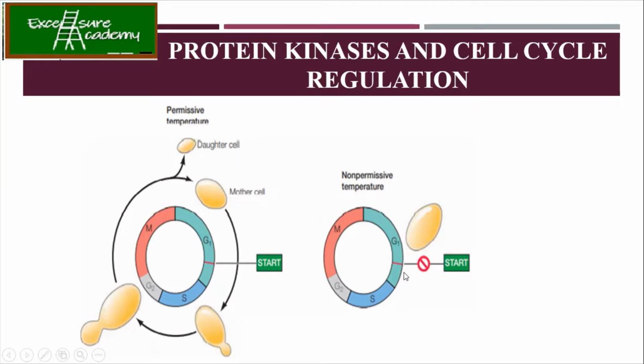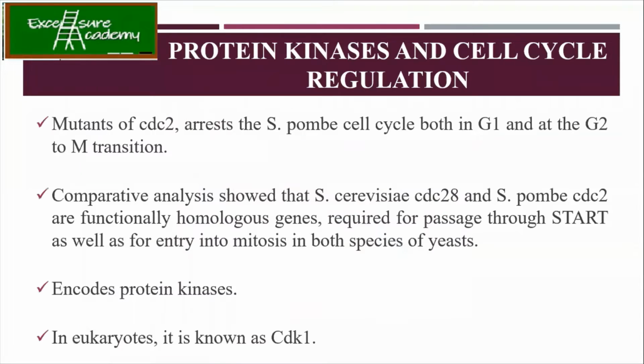This checkpoint is not allowing them to go into the S phase. Able to follow, Akshaya? Yes. So when I say temperature sensitive, what does it mean? It means the temperature has resulted in the denaturation of your CDC28, because of which there is no checkpoint and the cell cannot enter the S phase.